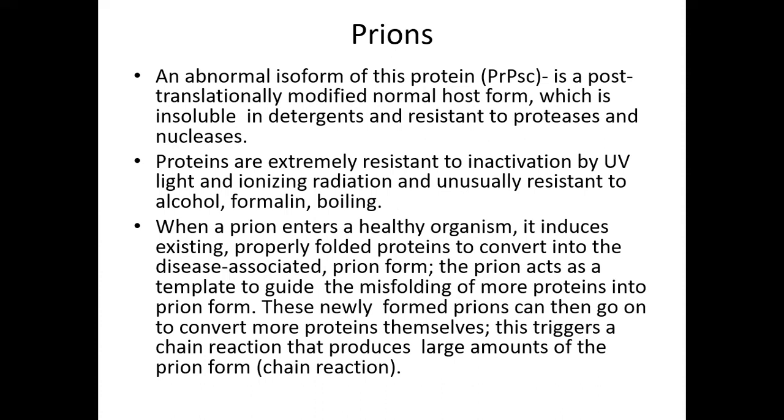When a prion enters a healthy organism, it induces properly folded proteins to convert into the disease-associated prion form. The prion acts as a template to guide the misfolding of more proteins into prion form. These newly formed prions can then go on to convert more proteins themselves. This triggers chain reactions that produce a large amount of the prion form.